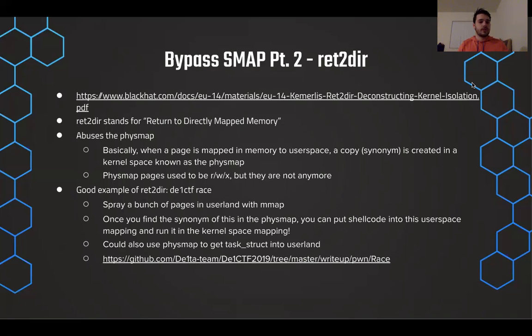So if you have this thing here, you could basically create a page in userland and then find its synonym and read or write to it from the kernel directly. So that's another interesting attack. And this is a little harder to do, especially with the leaks and stuff you need to do. But for example, if you mmap a bunch of pages in user space, chances are it's not going to be too hard to find the synonym. And then you put whatever shellcode into this user space mapping and then run it in the kernel space one.